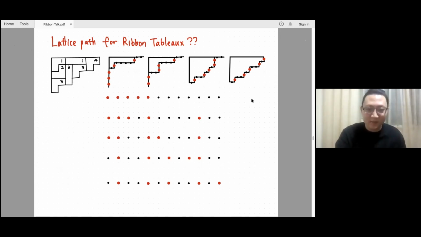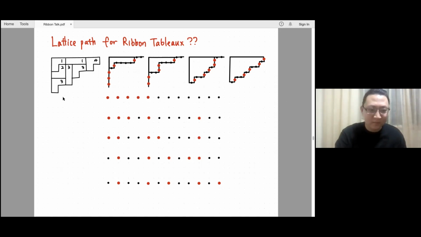Now it's red and black circles. So we associate a sequence of red and black dots to each partition in the same way, and then we put them on a lattice like this. And the goal is to connect these red dots in a reasonable way.